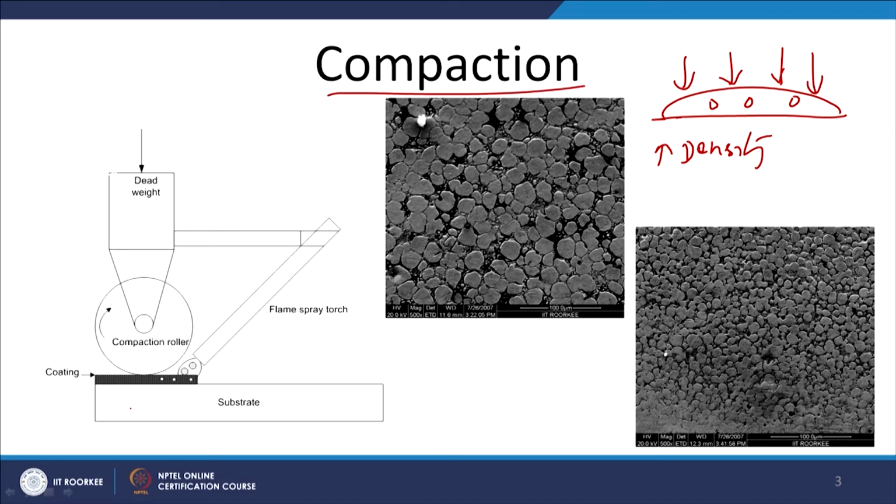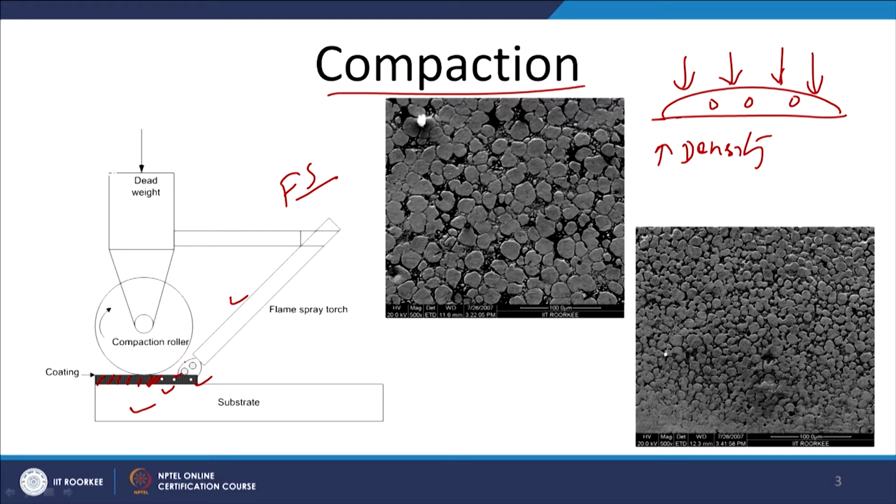Here, say this is the substrate and this is the torch which is being used to develop the coating on the surface of the substrate. Since the coating is being developed using the flame spray process, because of the low particle velocity it has some of these pores.